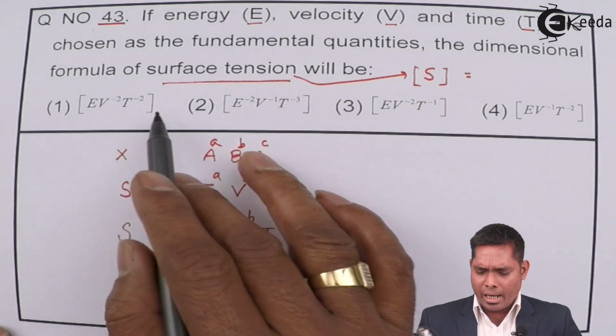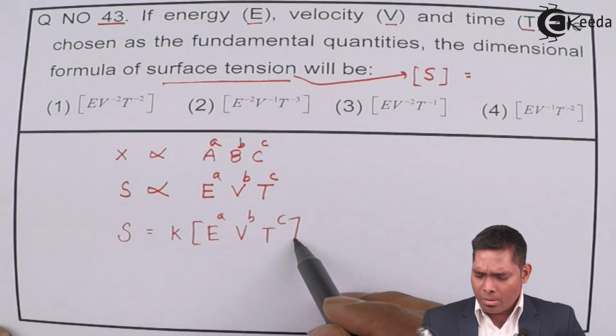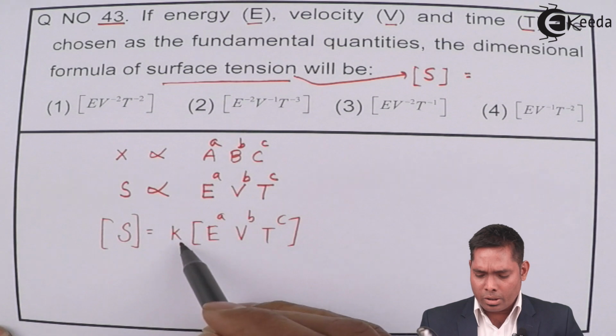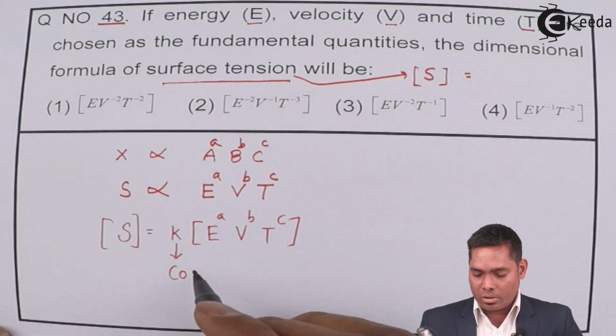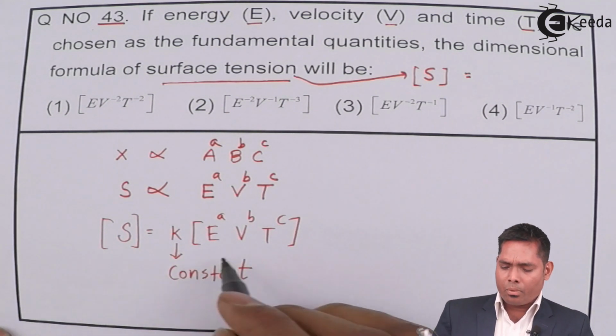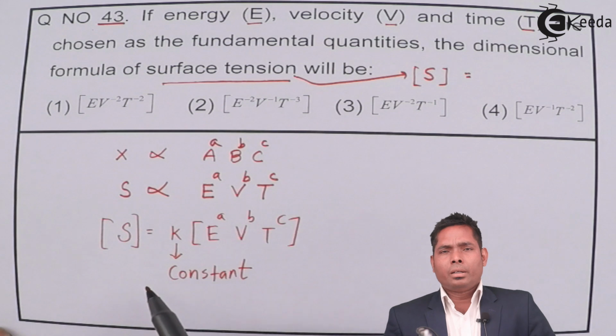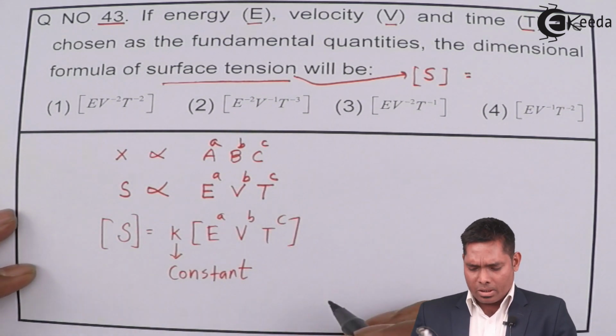As it is clear, the dimension of this must be equal to the dimension of this, including this K, and this must be a dimensionless constant. It must be any number, so therefore it has to be neglected because any number has no dimension.